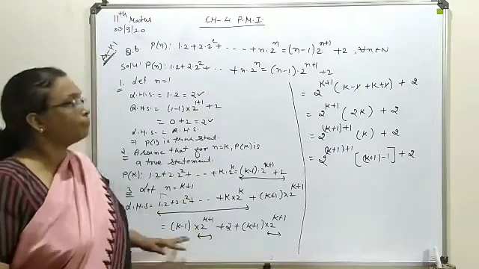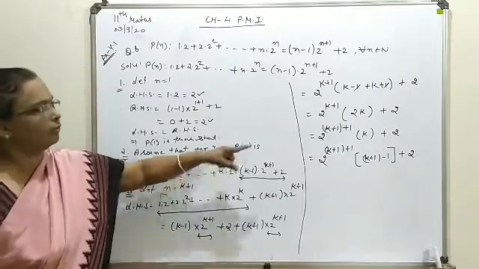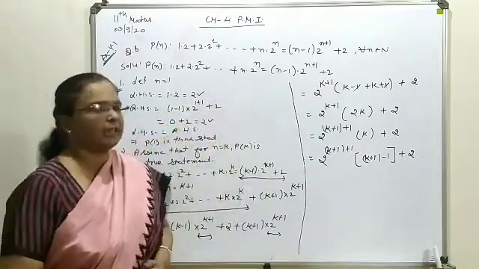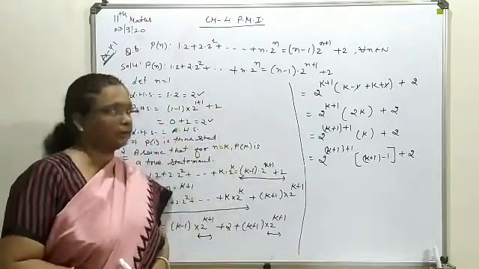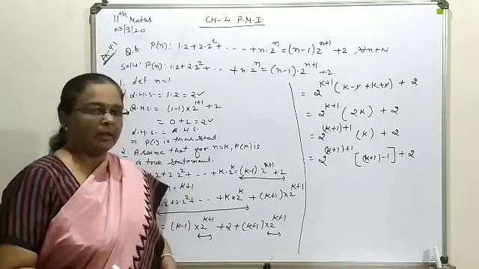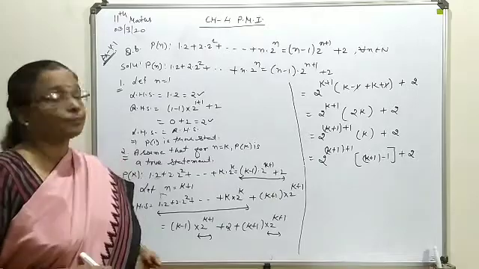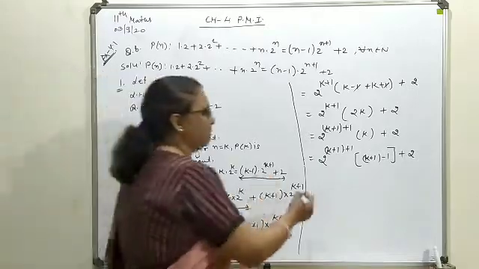Now you can see that if you match this solution form with the right hand side of your question, everywhere we have generated k plus 1 in place of n. So we can conclude that Pk plus 1 is again a true statement.